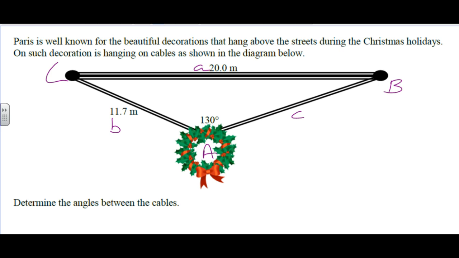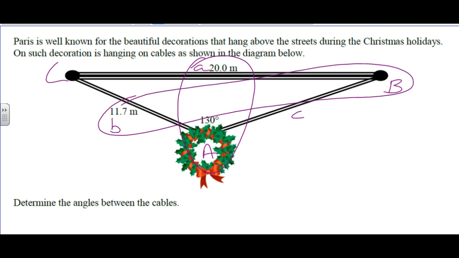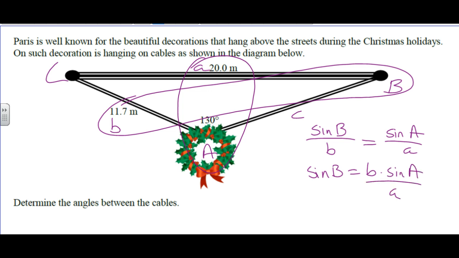So, easy peasy. One use of the sine law using this, and then we're going to use these guys here. Okay, so let's set it up. The thing I want to find is angle B, and the stuff I know is A. So sine B is equal to b times sine A over little a.